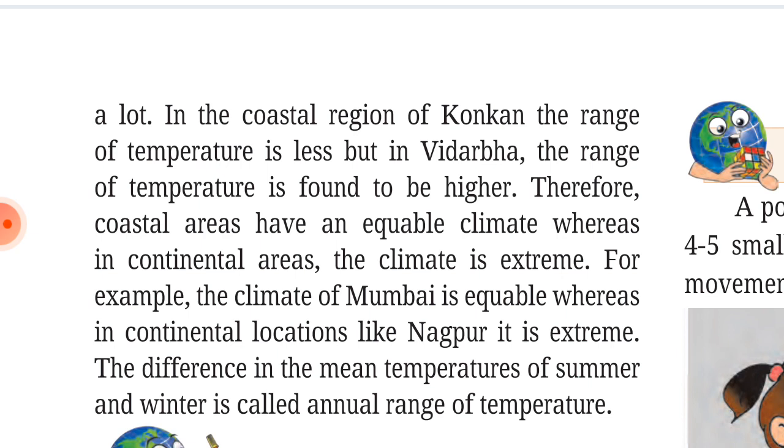Therefore, coastal areas have an equable climate, whereas in continental areas the climate is extreme. Because of the amount of moisture or water vapor in the atmosphere, the coastal area's climate is equable, but in the continental area the climate is very extreme.